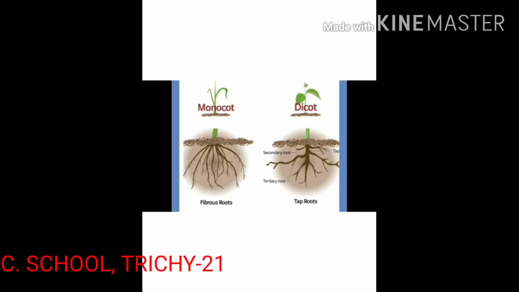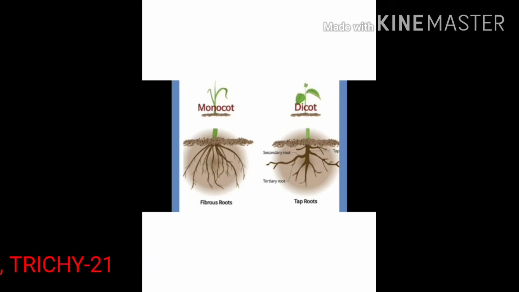The main difference between monocot and dicot is that monocot contains a single cotyledon in its embryo, whereas dicot contains two cotyledons in its embryo. The monocot plant has the fibrous root system. The dicot plant has the taproot system.